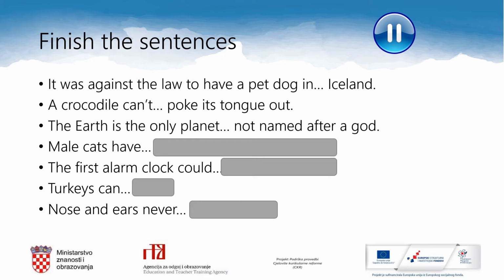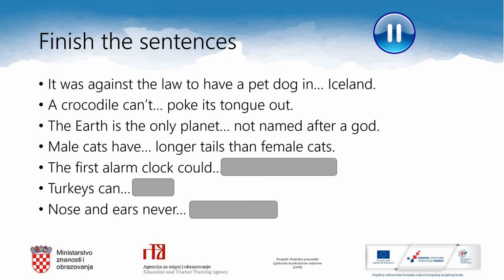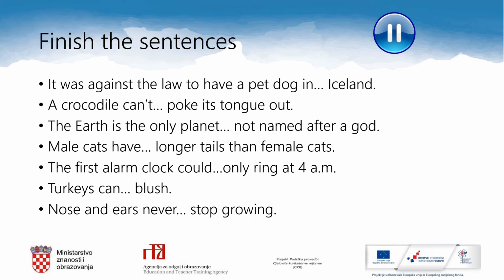Male cats have longer tails than female cats. The first alarm clock could only ring at 4 a.m. Turkeys can blush. And the last one, nose and ears never stop growing.